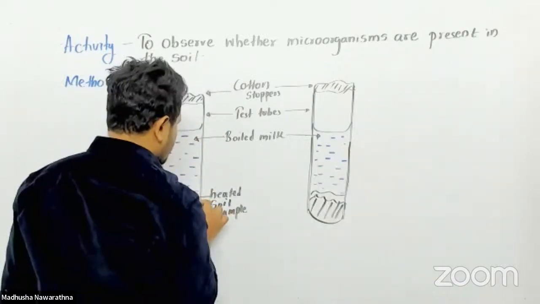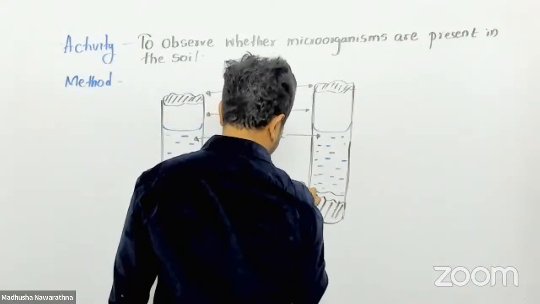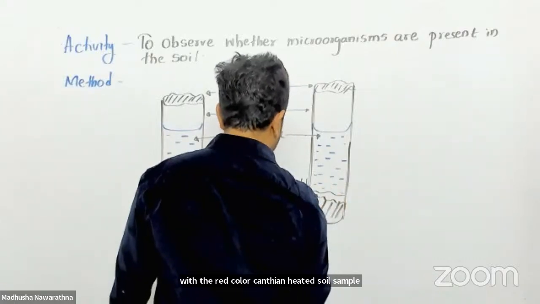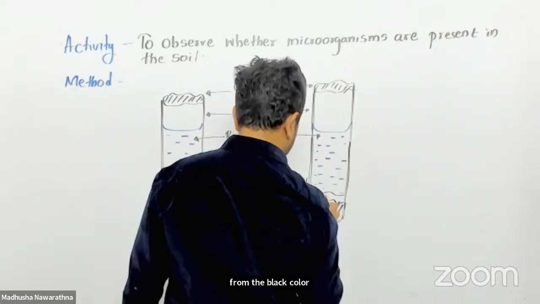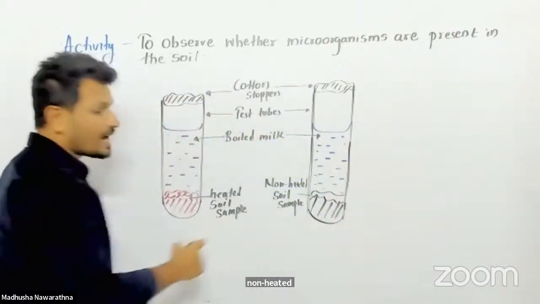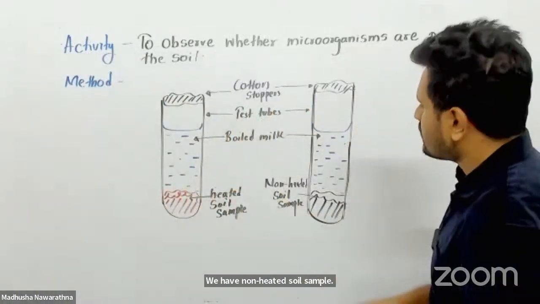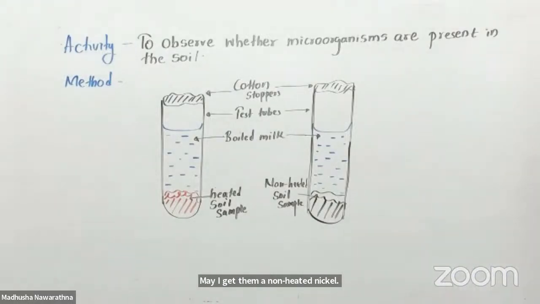With the red color you can see the heated soil sample, and from the black color, non-heated. We have the non-heated soil sample. That's all. Hurry up.